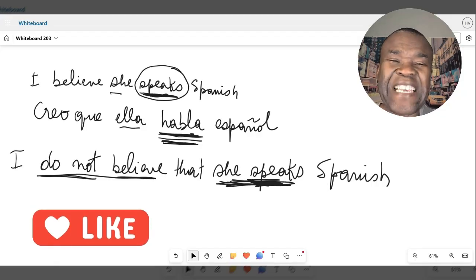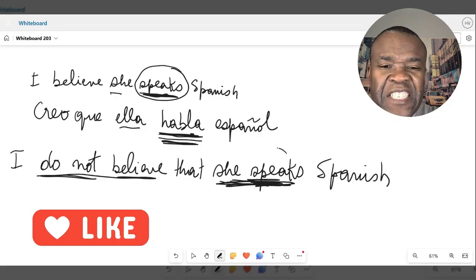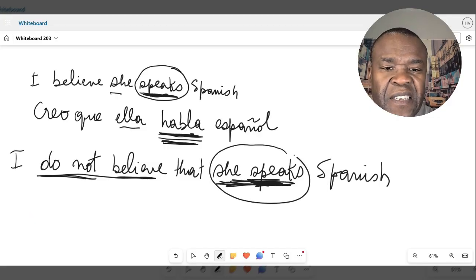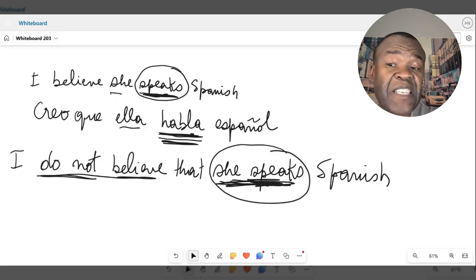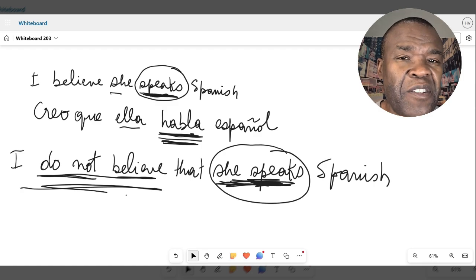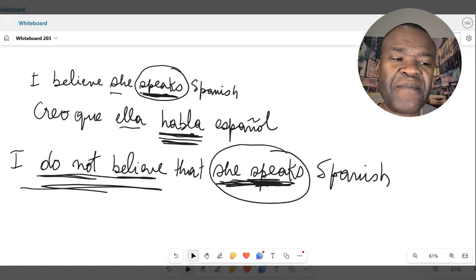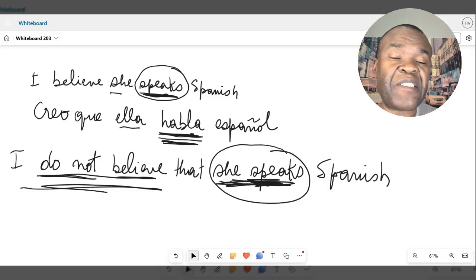Therefore, in Spanish, she speaks is going to be in the subjunctive because the speaker, whoever is speaking, says, I don't believe. What is it that the speaker doesn't believe? That she speaks. You see? The speaker is raising doubt over she speaks.